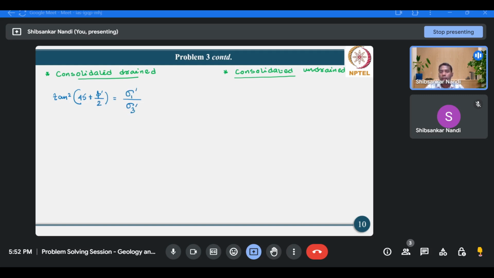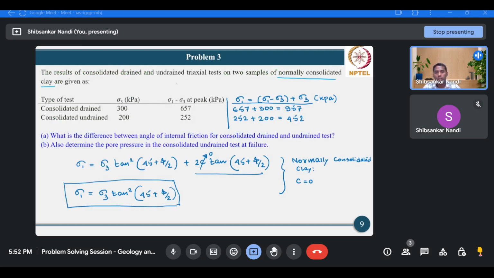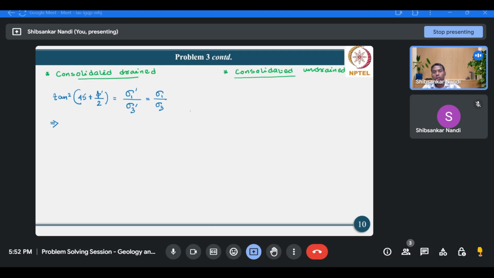So what is prime? Prime in the sense these are represented in terms of effective stress conditions. Now in case of drained test, your effective and total stresses are the same. So you can write sigma 1 by sigma 3, because the test conditions are prescribed in terms of total stresses, not in terms of effective. However, for the drained test both are the same.